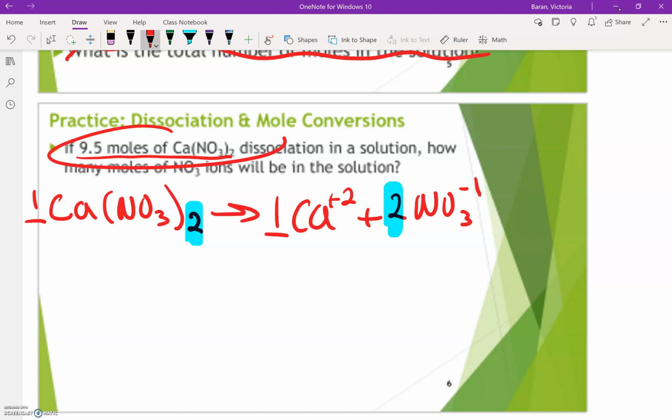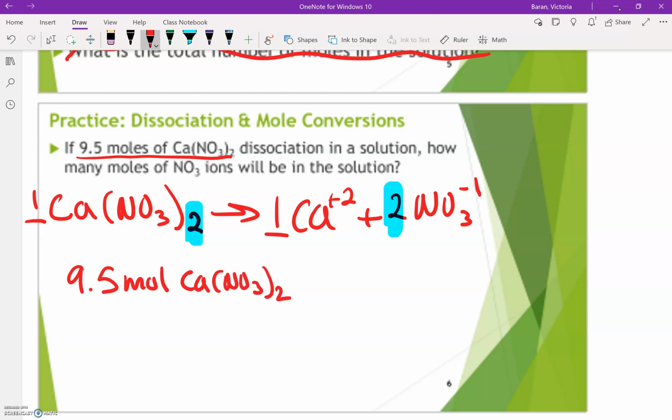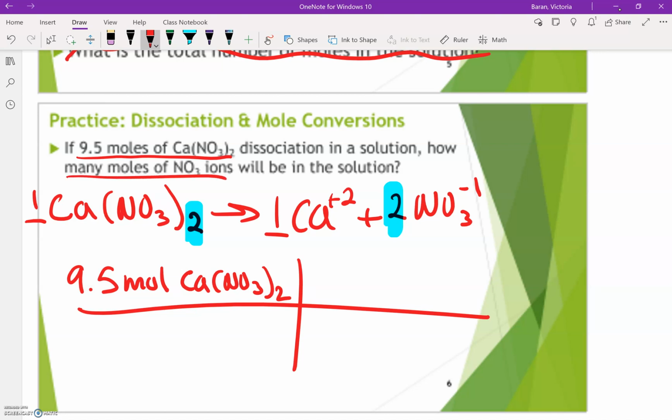So it asked us in the question, if you have 9.5 moles of Ca(NO3)2, and you need to convert that into moles of NO3 ions. Well, the 2 things that you're going to plug in here, you're going to pull from the equation. So I know in the bottom here, the units have to be the same.